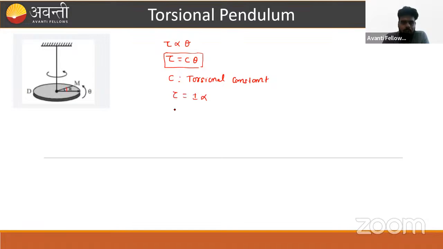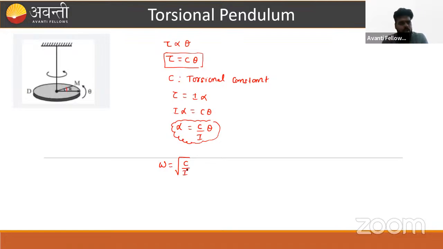So I·α = C·θ, and alpha can be written as (C/I)·θ. After seeing this equation, the first thing that comes to mind is that this is just similar to angular SHM, and omega is √(C/I). So we have to understand the meaning.